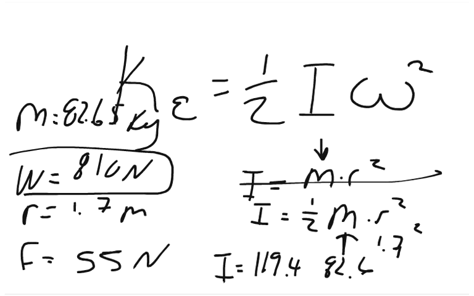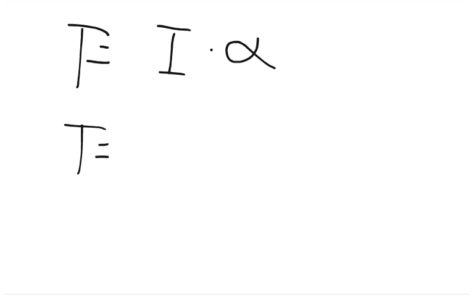Now, in order to figure out the angular speed, we have to find the angular acceleration that would be caused by 55 newtons on this mass. So we can set up the equation. We know that torque equals the moment of inertia times the angular acceleration, and torque also equals the force times the radius.